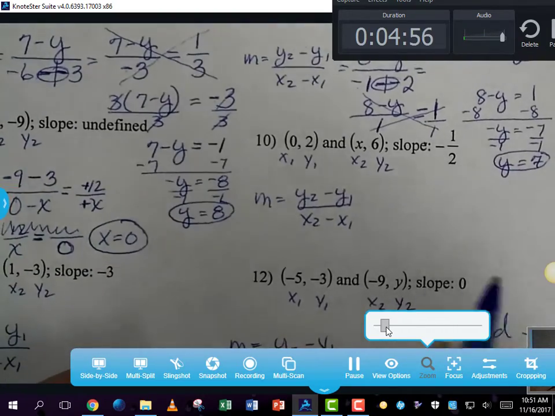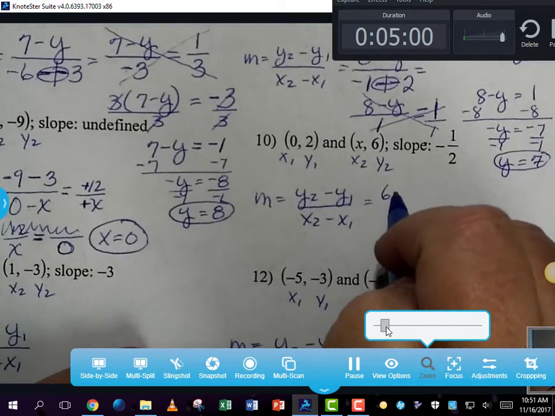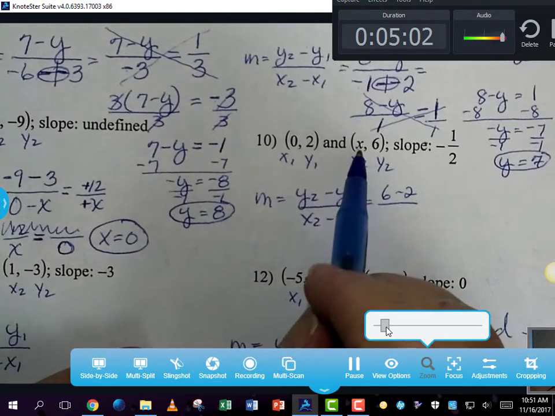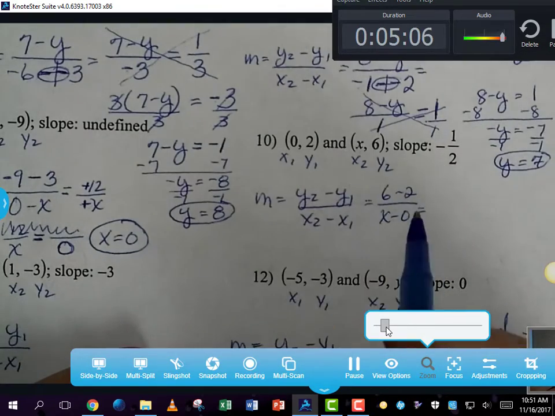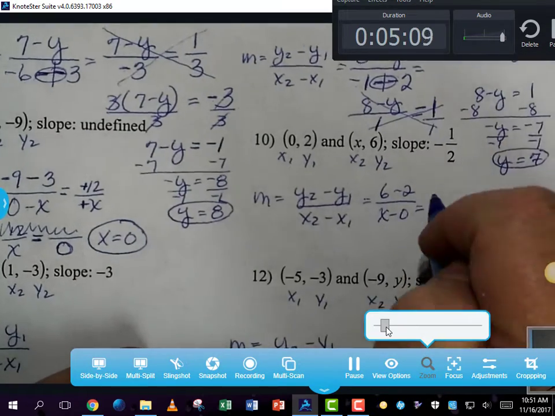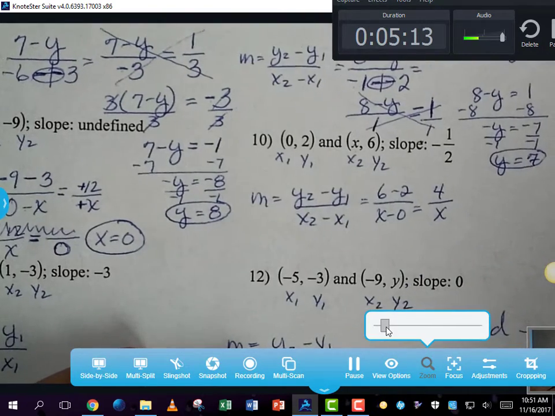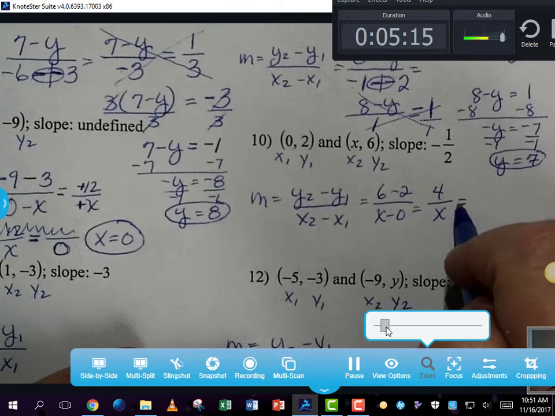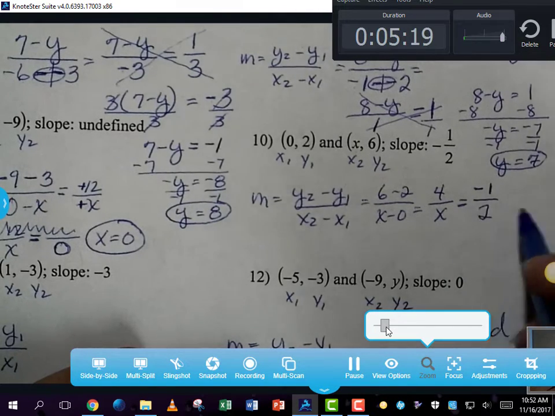Okay, number 10. I'm going to have 6 minus 2 divided by x minus 0. When I simplify that, I'm going to get 4 divided by x. That needs to equal negative, I'm putting my negative with the 1, negative 1/2.